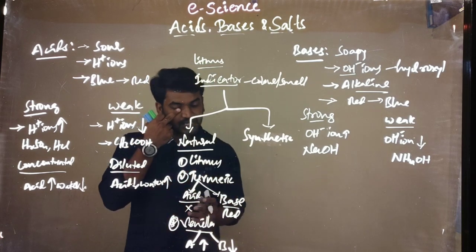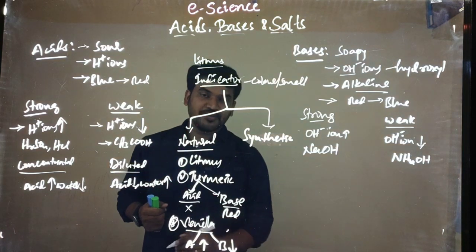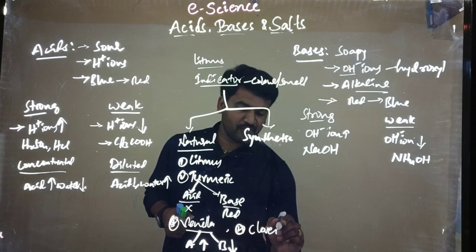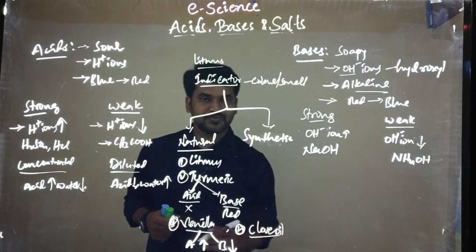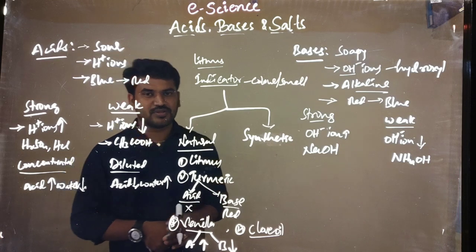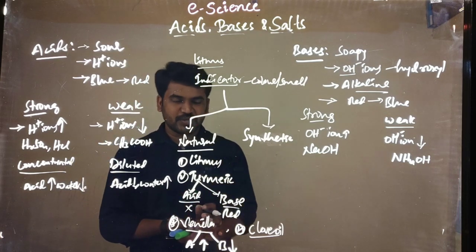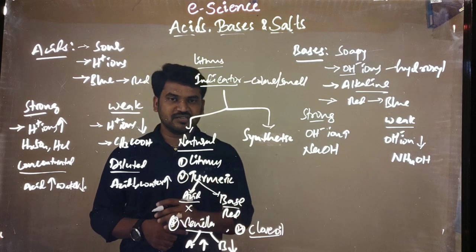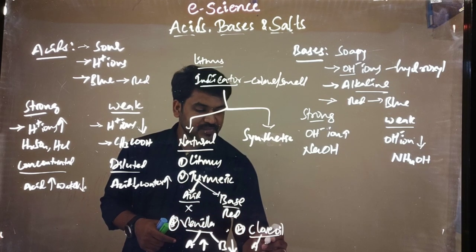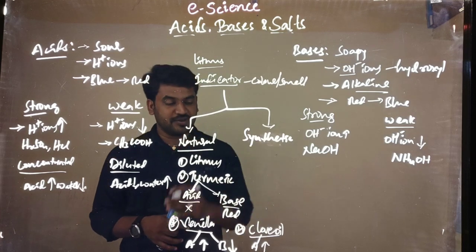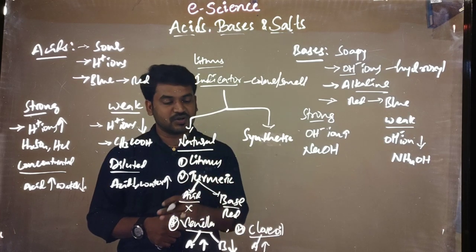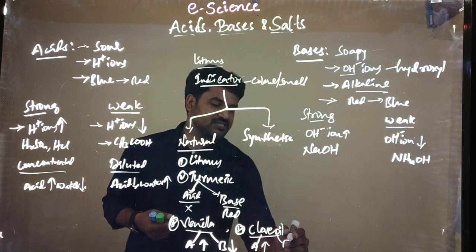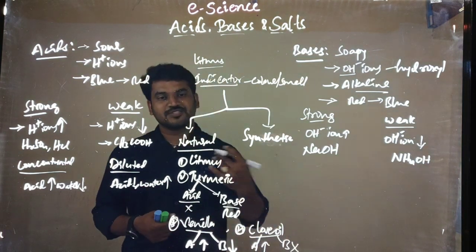And one more is there, clove oil. You know cloves, generally we use them for Ayurvedic treatments and for cooking also, right? So that is clove oil, also an indicator. Clove oil in the presence of acid increases the smell, whereas in a base it is not showing any smell, okay?